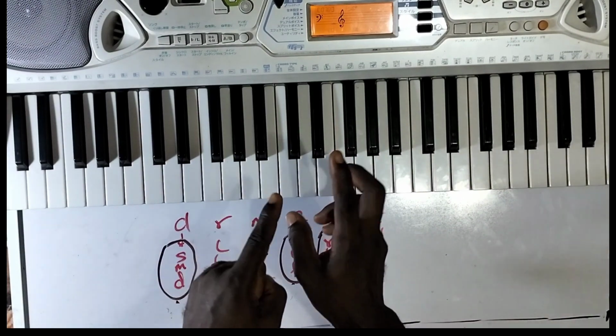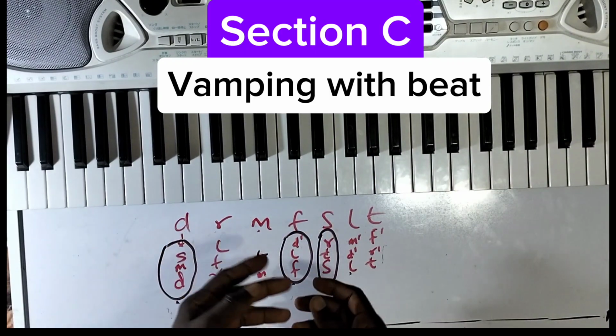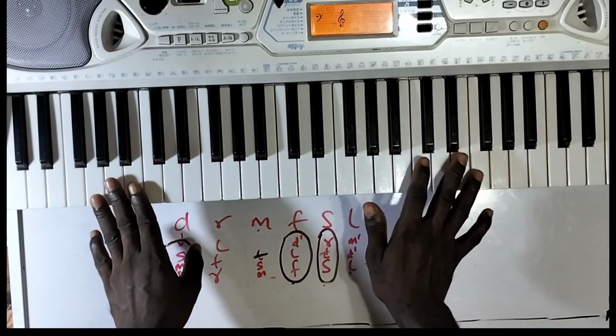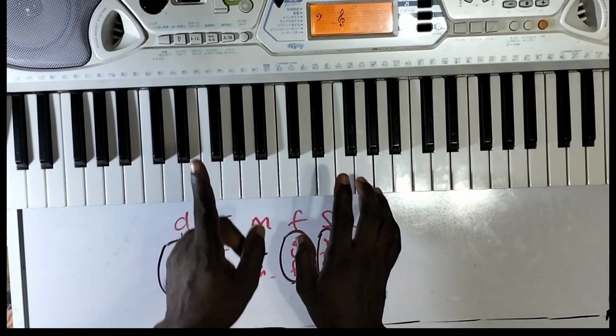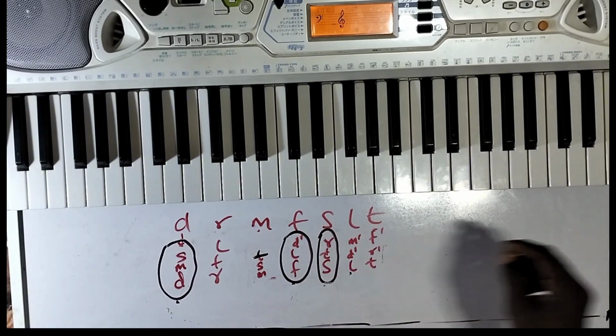I'll play a song, I'll put a beat and vamp. But remember, I'm training, as in I'm doing layman's understanding, so I will take it easy one after the other. So let's put beats.